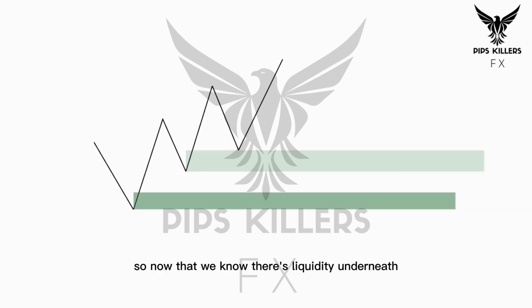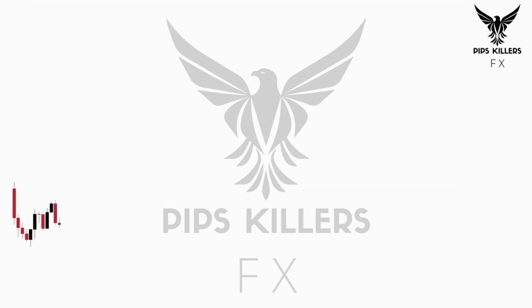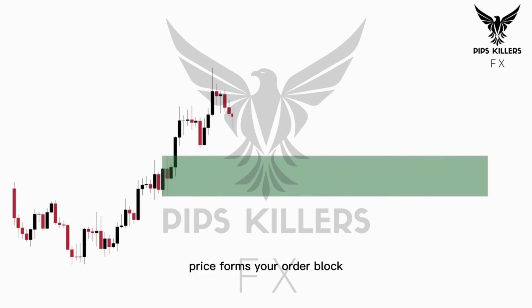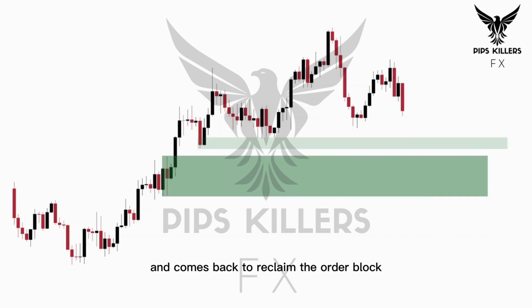Now that we know there's liquidity underneath the swing that formed the second order block, price will go to your initial order block. Here's an FTB inducement example. Price forms your order block, forms your inducement, and comes back to reclaim the order block.